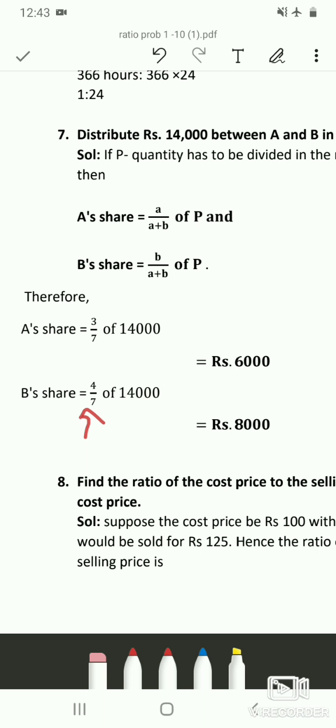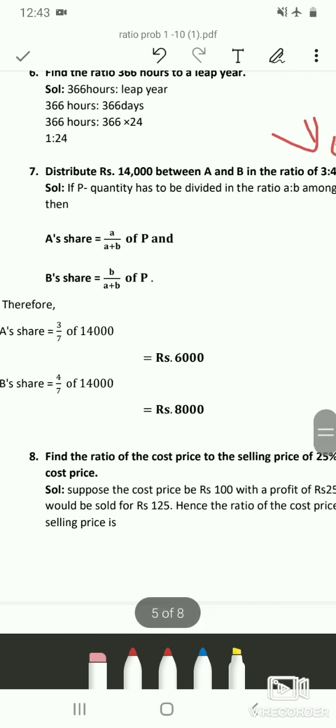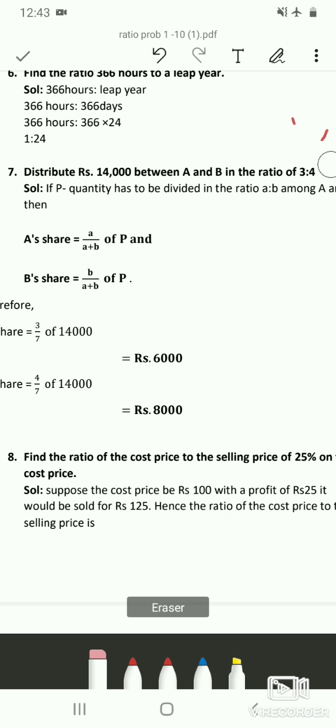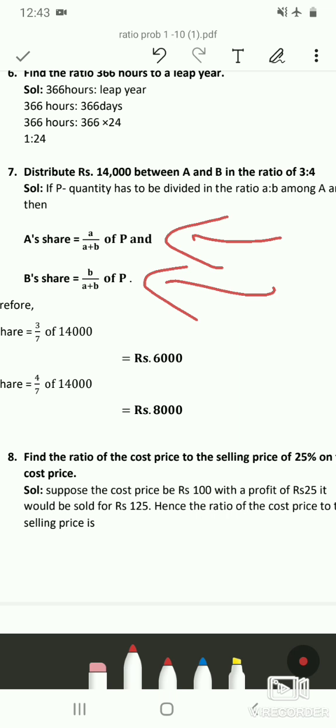Again simplify and you will get the answer as rupees 8,000. So rupees 14,000 is divided between A and B in the ratio 3:4, where A receives rupees 6,000 and B receives rupees 8,000. So just remember these formulas.